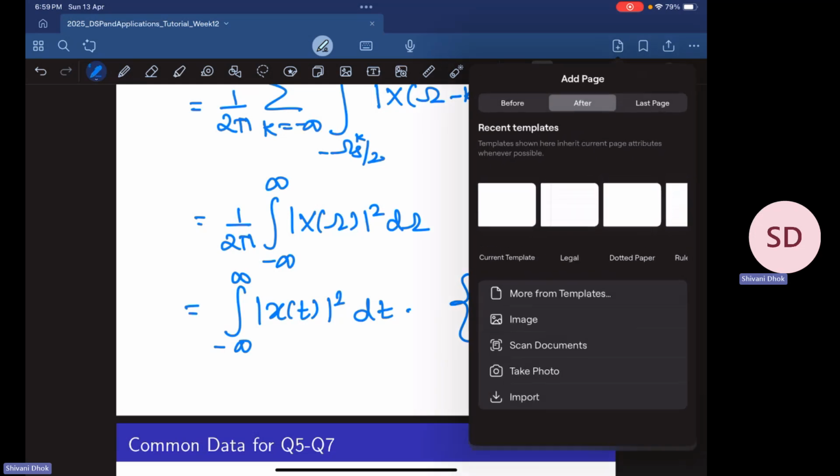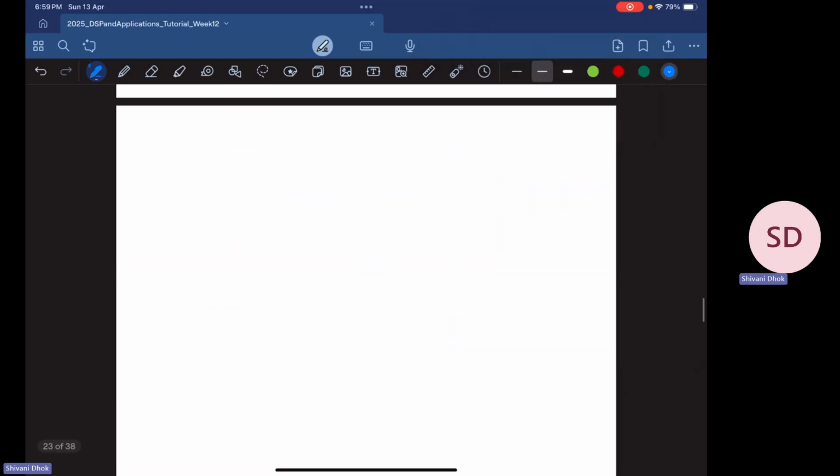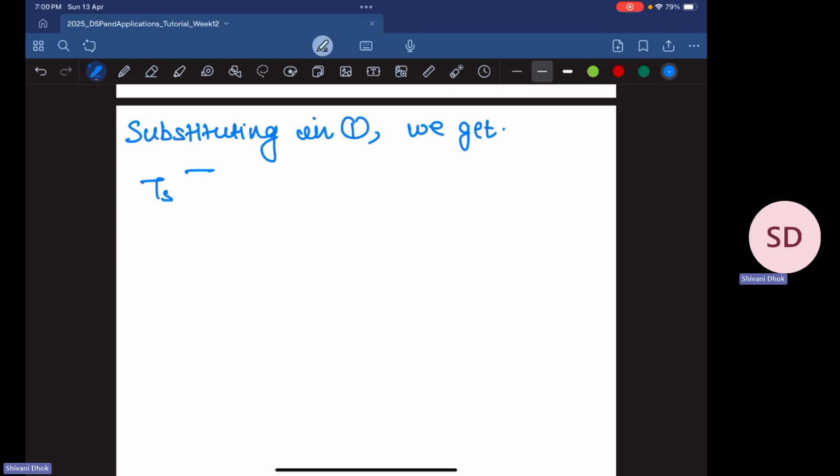So if I substitute it back, what do we get? We get Ts times the summation n running from minus infinity to infinity of magnitude of x of n squared is greater than or equal to the integral from minus infinity to infinity of magnitude of x of t squared dt.